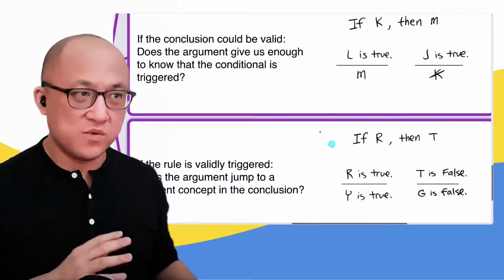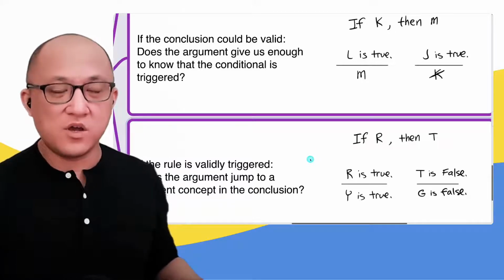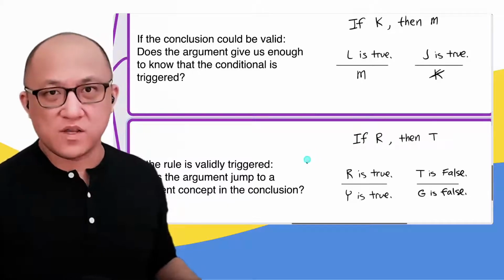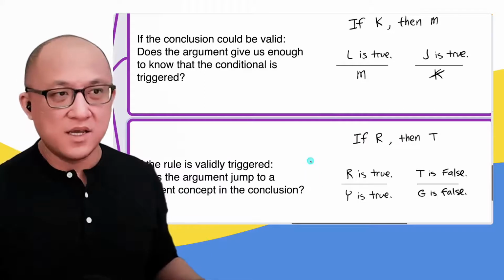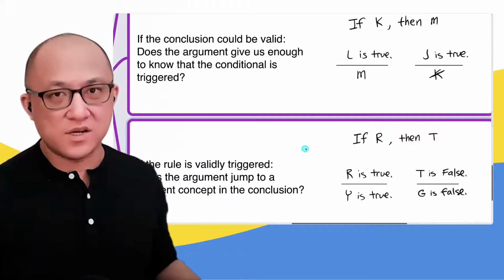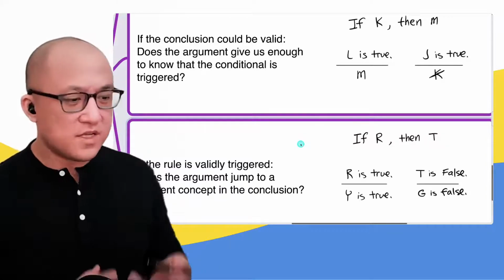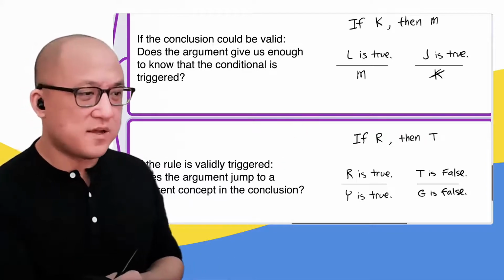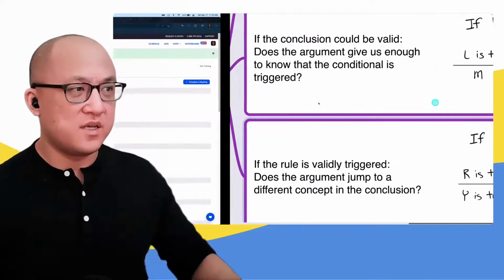What are the good ways, the valid ways the argument could go, and what are the invalid ways the argument could go? Because if you already recognize that, then it helps you understand where the flaws in the argument are going to come from.